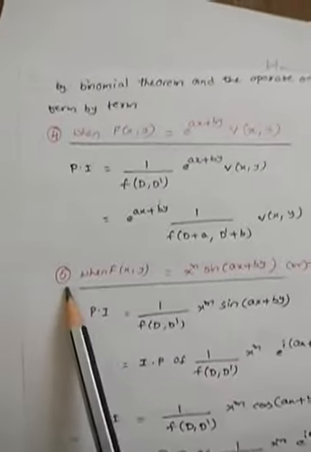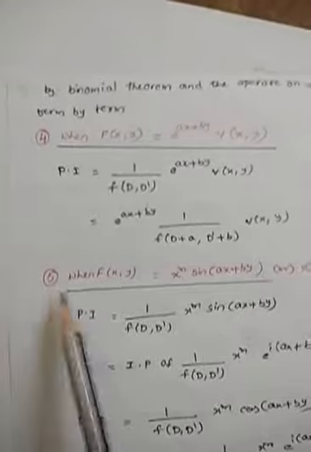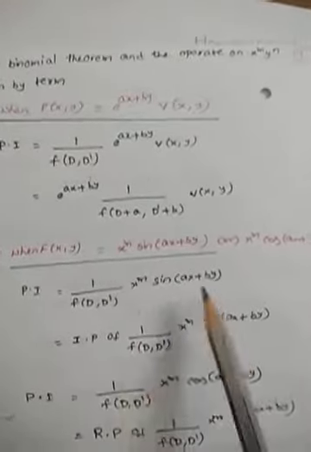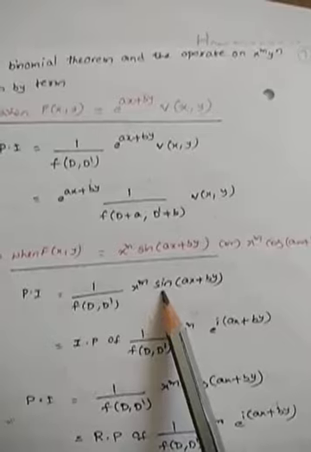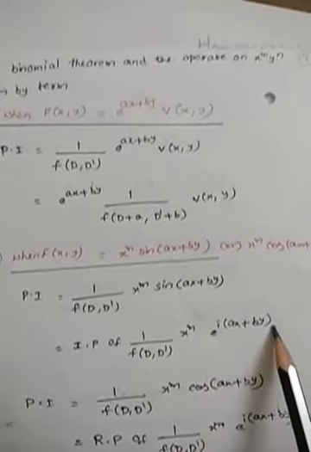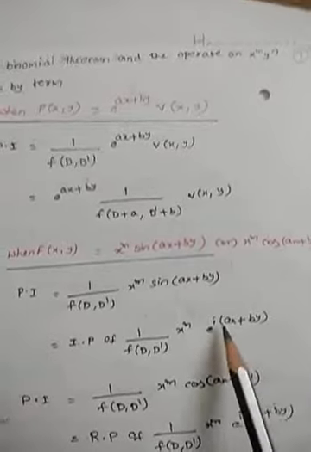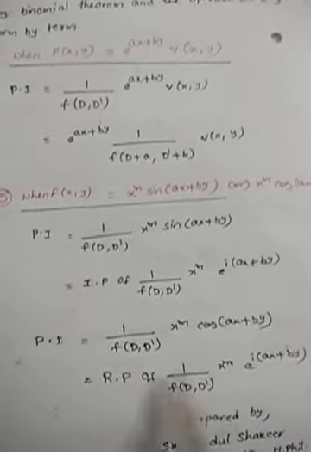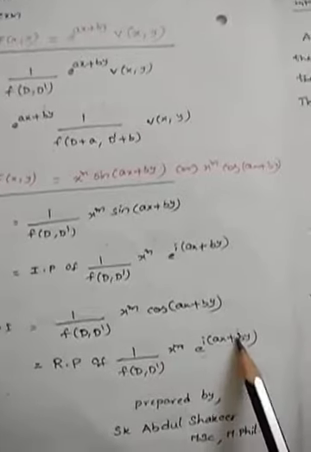Now we will see the fifth case, that is the product of x power m. Here we have to write the trigonometric function, suppose sine of ax plus by, then it will be the imaginary part of e power i into ax plus by. Suppose the function has a cos term, then we have to take the real part of the exponential function.